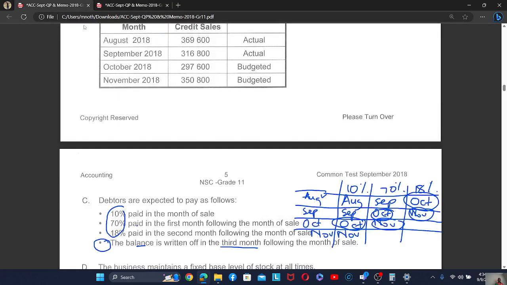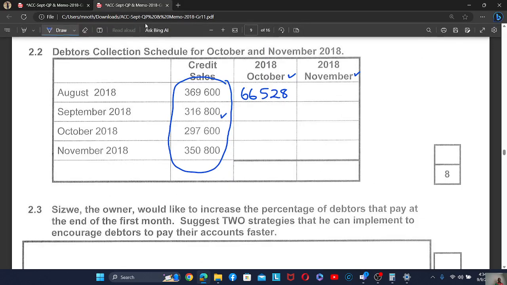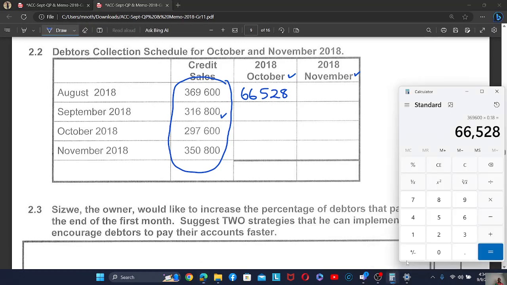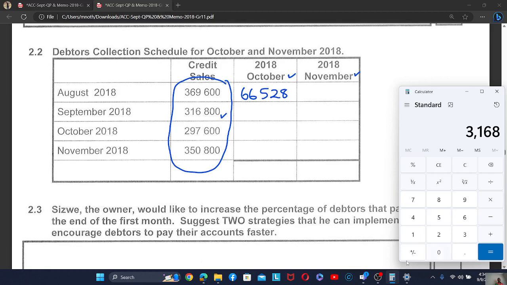For September, 70% will be paid in October. For the credit sales of September, which are 316,800, 70% will be paid in October. So multiply by 70%.